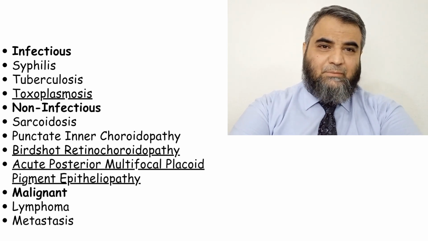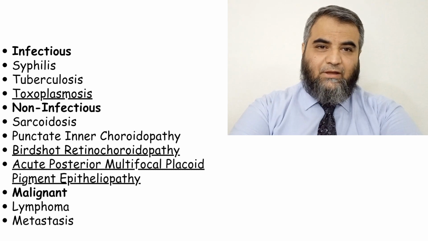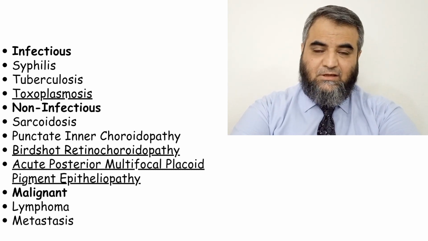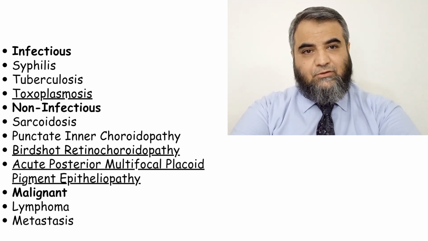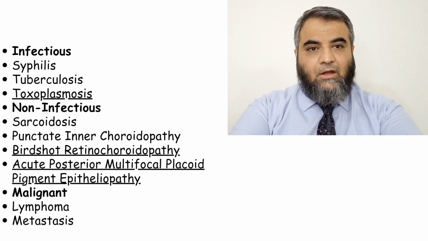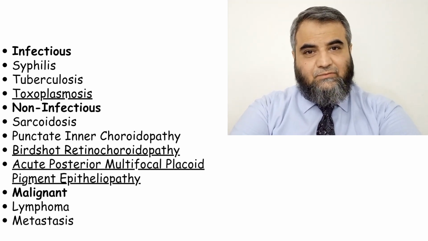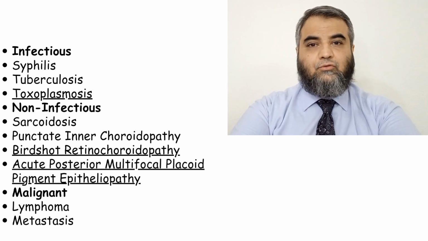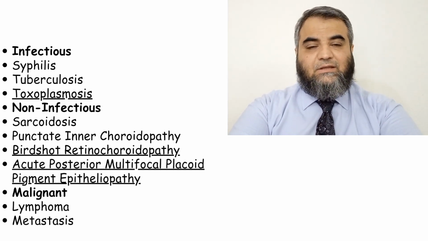Apart from the basic routine blood work, CBC, and renal and liver profiles, we should also do the tuberculosis PPD skin test, with measurement after 48 and 72 hours. Quantiferon tuberculosis is very important. For syphilis, we have to do VDRL and RPR tests.